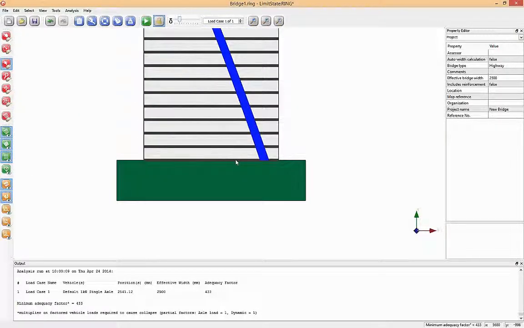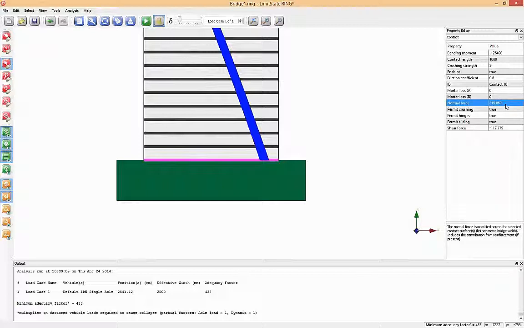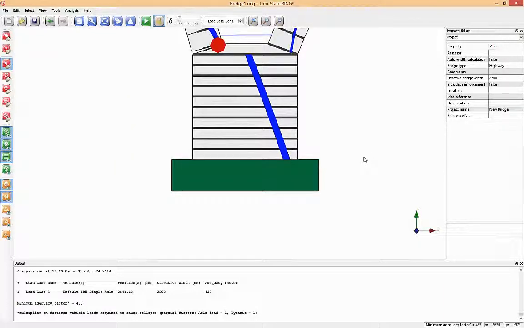If I zoom in and click on the contact, then I can get the normal force. The normal force is expressed as kilonewton per meter width. And I can also get, at right angles to that, the shear force. So 319 for the normal and 117 for the orthogonal reaction force.